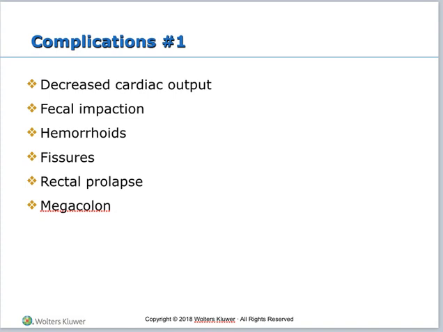Complications. So we really don't think about complications with constipation. We think of it more as a nuisance, but these are things that could go wrong. One thing is, I'll talk about this again when we get to the cardiac unit, but straining to have a bowel movement has repercussions. You can have a vasovagal response, a slowing of the heart rate, and that's going to decrease your cardiac output.